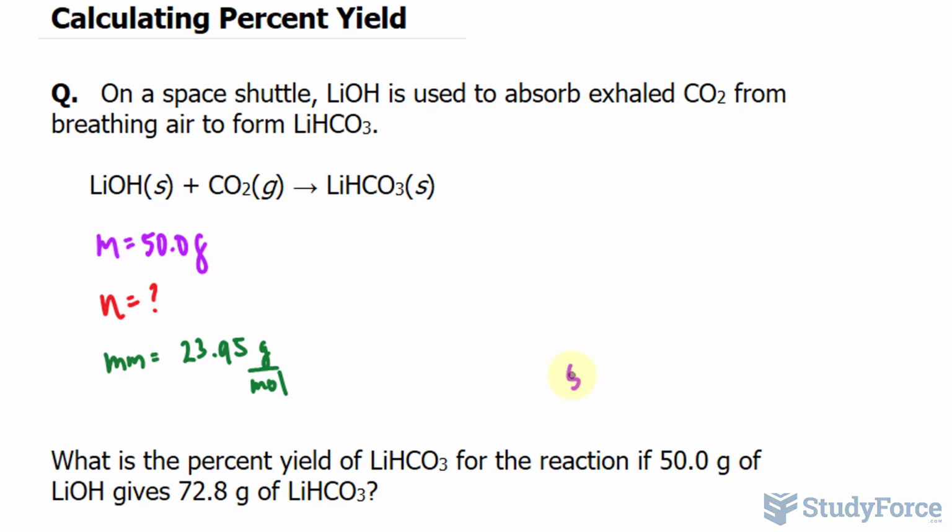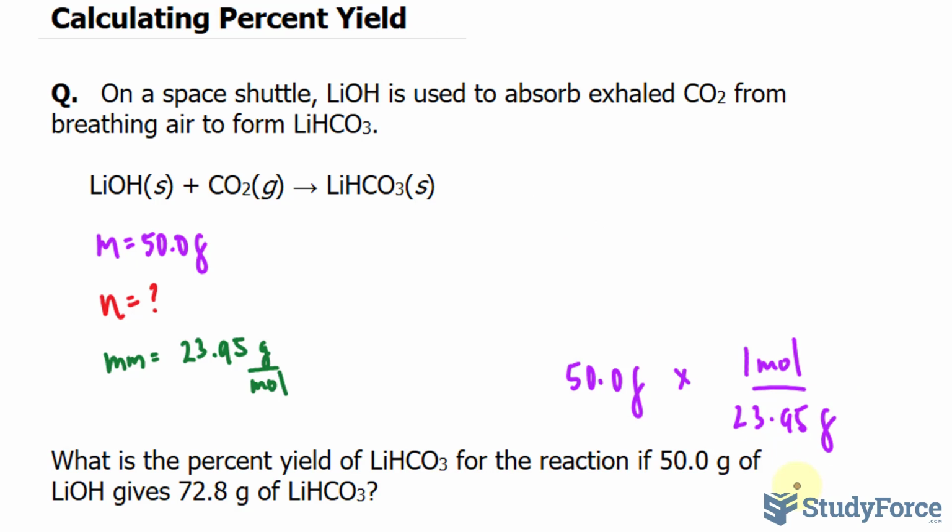Using the mass and the molar mass, we can actually find the amount of moles. So I'll write down 50.0 grams, and I'll multiply this to the flipped version of this ratio. This is a ratio because it's a comparison of grams per mole, but there's no rule that says we have to put grams at the top. We can put 1 mole at the top and 23.95 grams at the bottom.